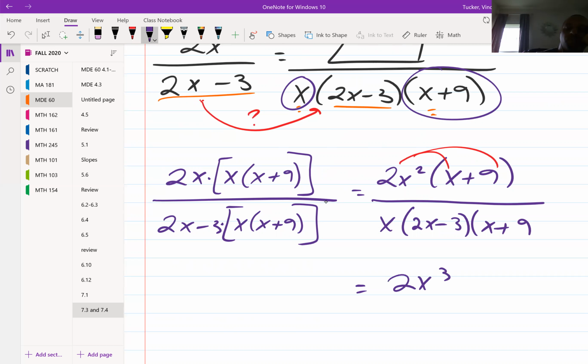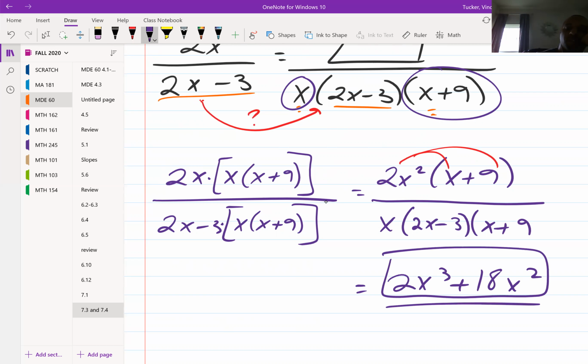So it's 2x cubed plus 18x squared. All right. Questions?